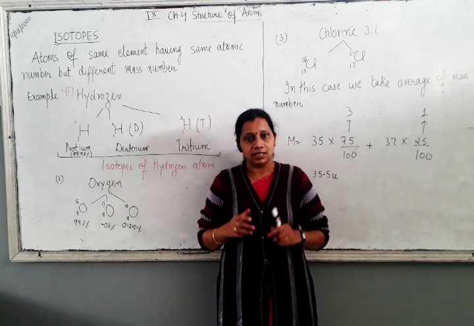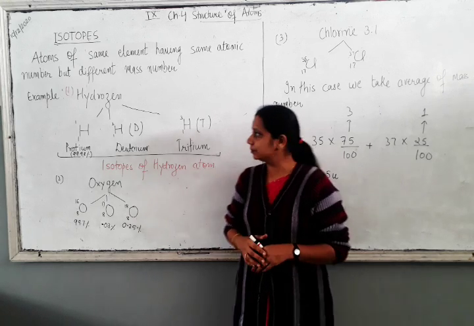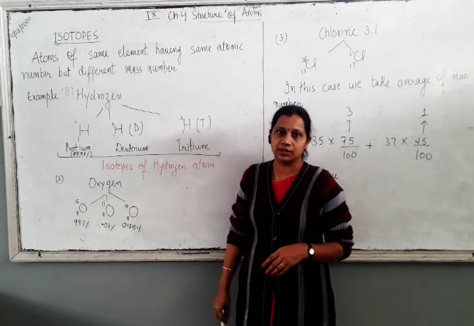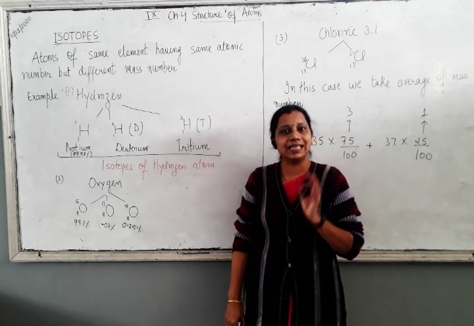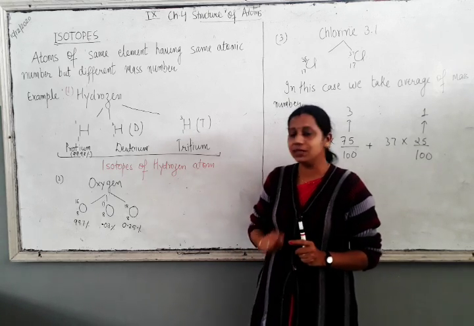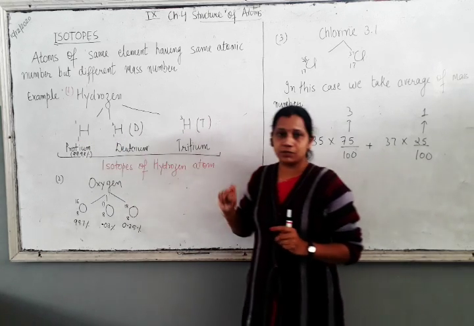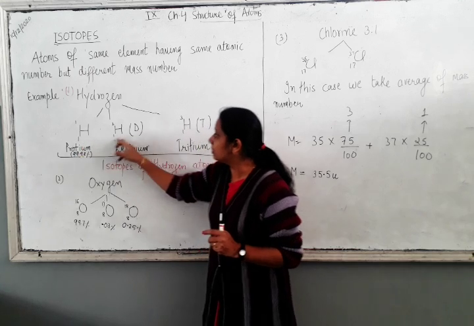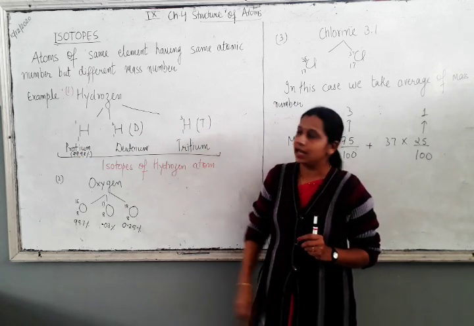Let's see this with an example. We'll take example of hydrogen. When I am saying they have same atomic number, atomic number is represented by subscript. The atomic number is same for hydrogen.